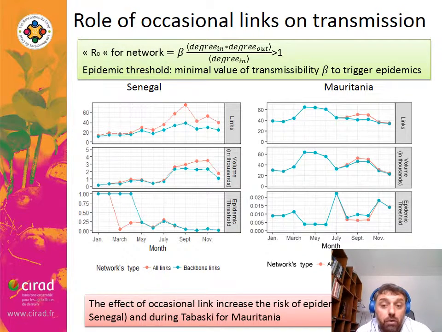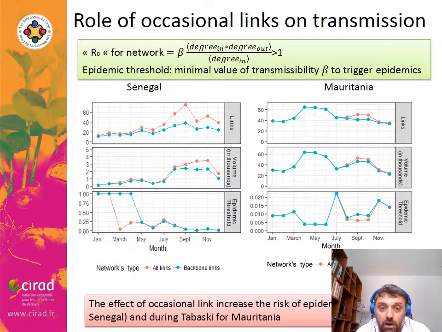Here we see that the network is changing over time in terms of links and volume exchanged. What we also wanted to understand is the role of the occasional links, those links that appear just once and then disappear. And we see that in Senegal, in particular in March, there is a huge effect of the occasional links.